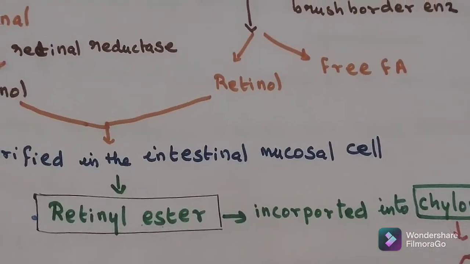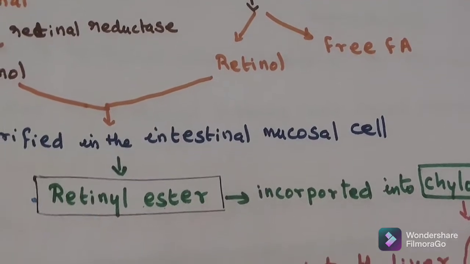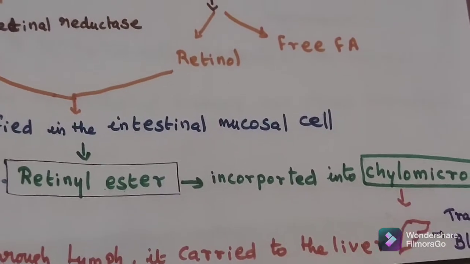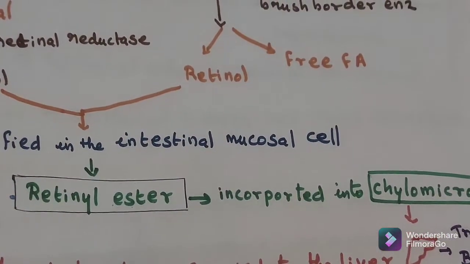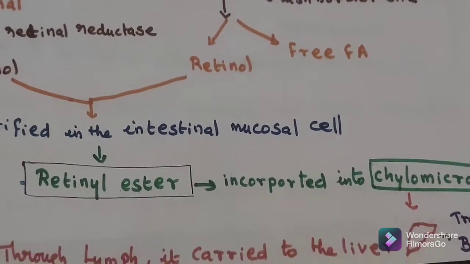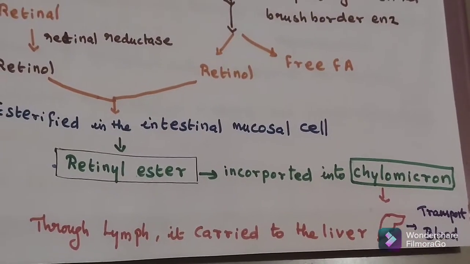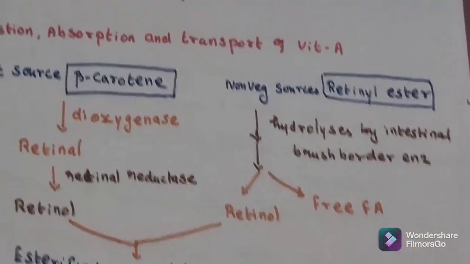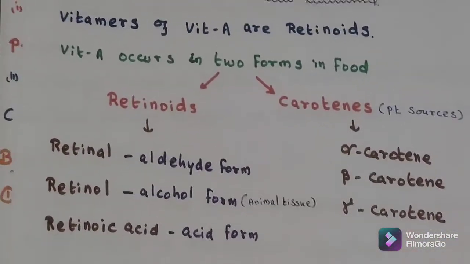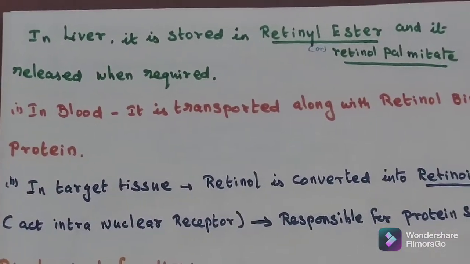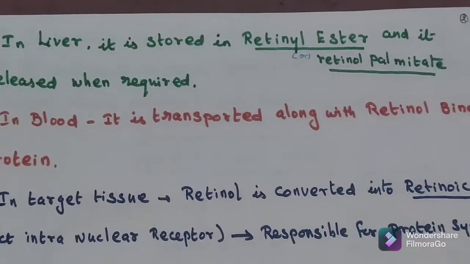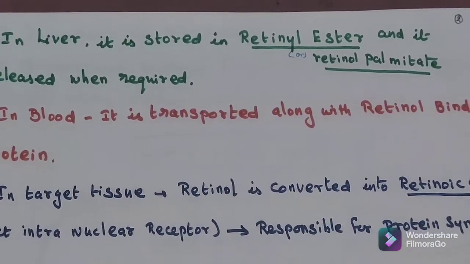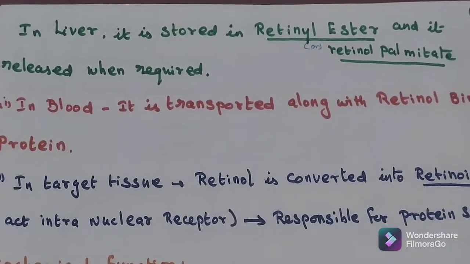It is incorporated into chylomicron through the lymph and carried to the liver. In liver, that retinol ester or retinol palmitate is stored and released when required.